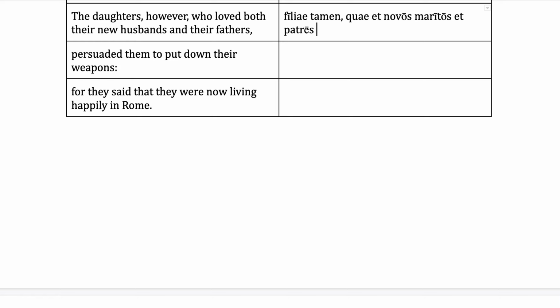And then if you want to say their, you could also use suos if you want, but in Latin you don't need to do that. So et novos maritos, et patres, and then finally we need the verb, which is going to be, so the verb to love is amare, and here we can use the imperfect, third person plural, so amabant, or if you wanted to, you could use the perfect tense amaverunt, but we can stick with the imperfect for now.